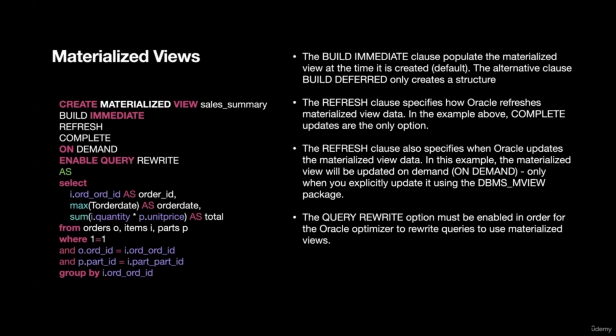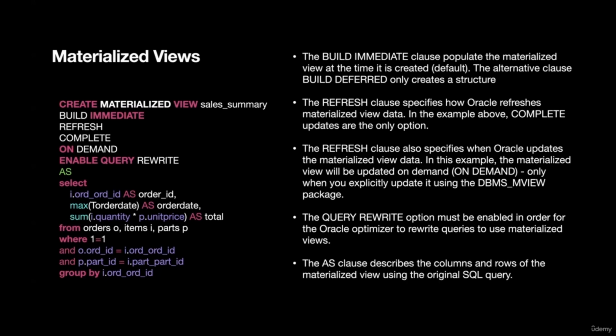The QUERY REWRITE option must be enabled in order for the Oracle optimizer to rewrite queries to use materialized views. This option can also be set later using the ALTER SYSTEM or ALTER SESSION SQL commands. The AS clause describes the columns and rows of the materialized view using the original SQL query.